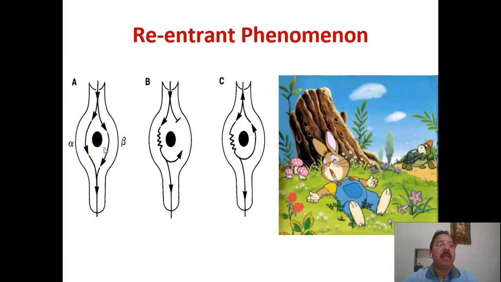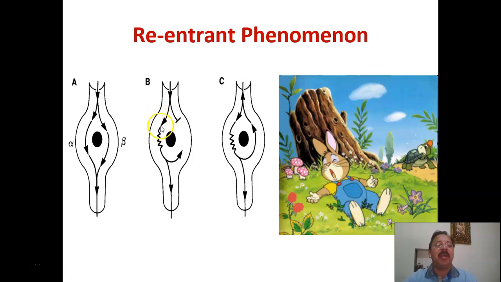On the other hand, the alpha fibers, they are slow. So the rabbit is sleeping, the fast pathways are in the refractory period, meaning they are in the sleeping mode. So here the impulse originates again, but from the ectopic focus, and it's carried out by the alpha fibers.